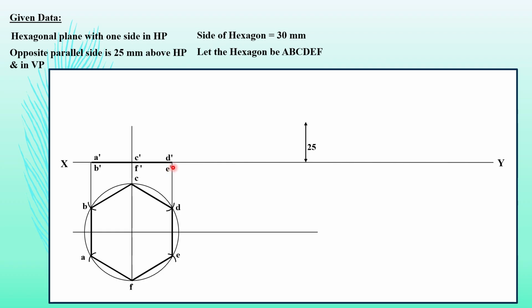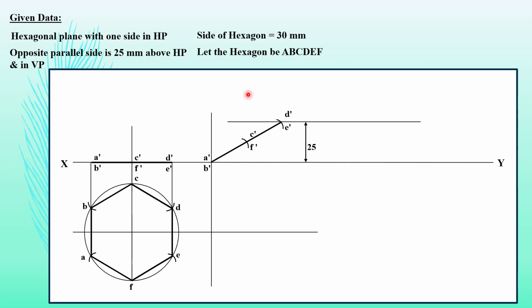So in order to do that, you have to take 25 mm above a locus here, then a vertical line, shifting these 2 points, labeling it here A dash, B dash, taking distance A dash to D dash in your compass, keeping on A dash here, cutting an arc, joining it, then taking A dash C dash in your compass, keeping on A dash, cutting an arc, labeling the points. So you have satisfied these two conditions now.